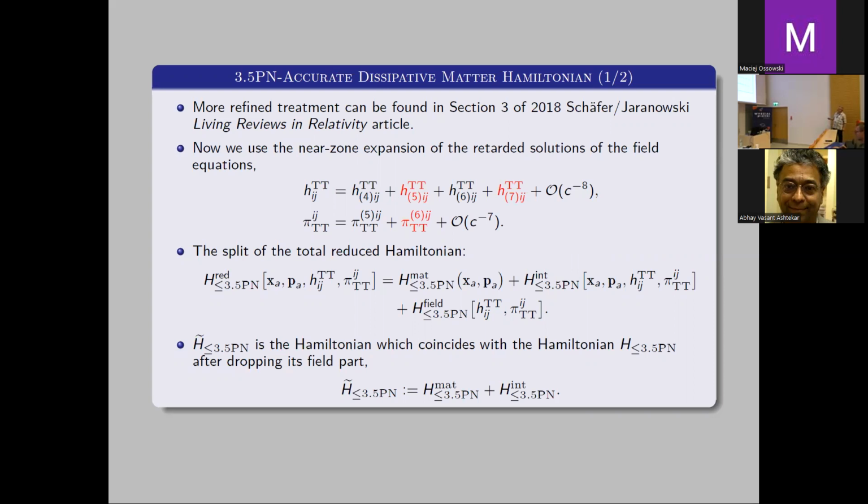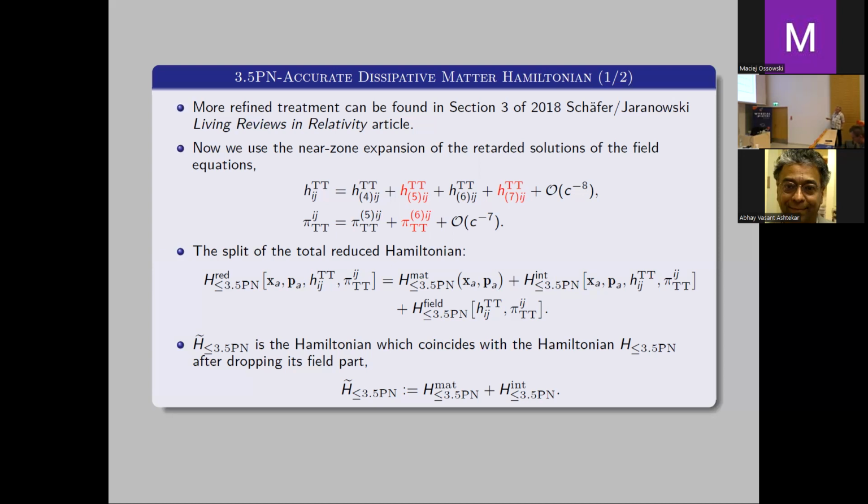Namely, if we are interested in the dissipative effects, we should use the near zone expansion of the retarded solutions, so not exclude radiation effects.